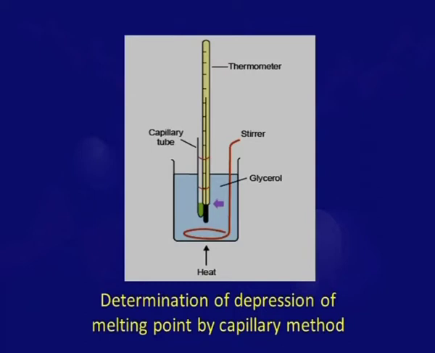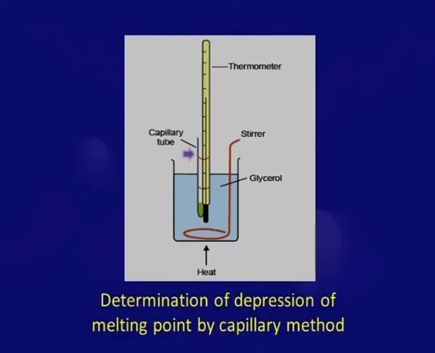When the freezing point of pure camphor is recorded, the camphor and the weighed amount of the solute is taken in a test tube which is sealed at the upper end and it is melted. After that, it is cooled and again crushed to powder. Now this powder is again introduced into the capillary which is sealed at one end and its freezing point is again recorded with the help of an ordinary thermometer.